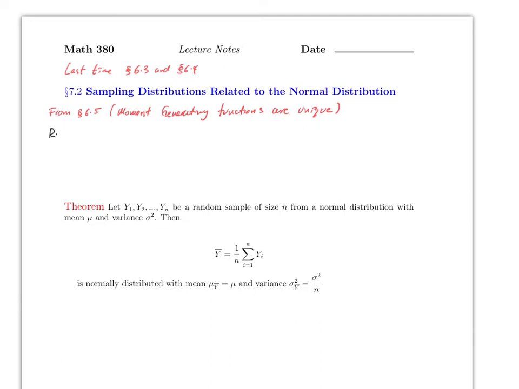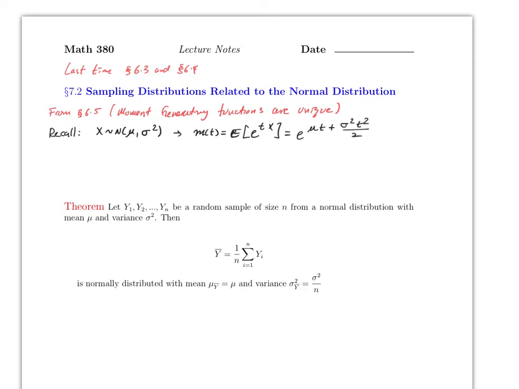Now recall the moment generating function for the normal distribution. Let's say that x is normal with mean mu and variance sigma square. Then the moment generating function, which by definition is the expected value of e to the tx, equals e to the mu t plus sigma square t squared over 2.